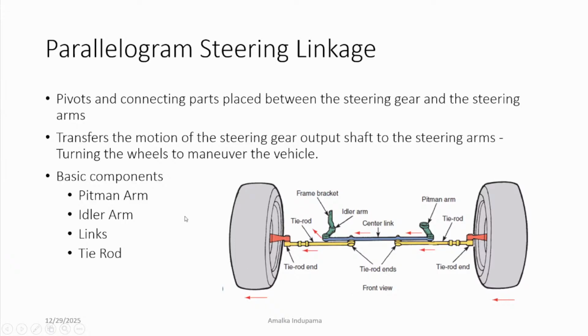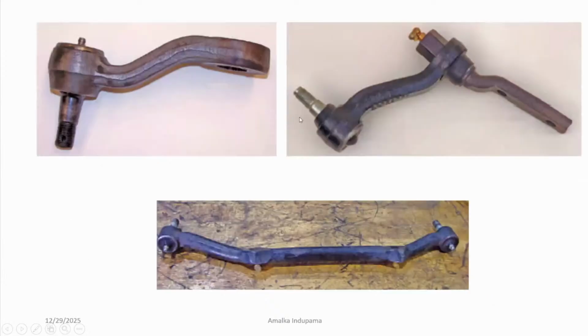These are the main components actually. Here you can see the pitman arm from the first figure, and the idler arm and center link. These are the actual images.